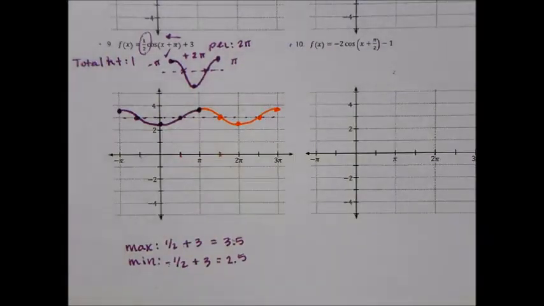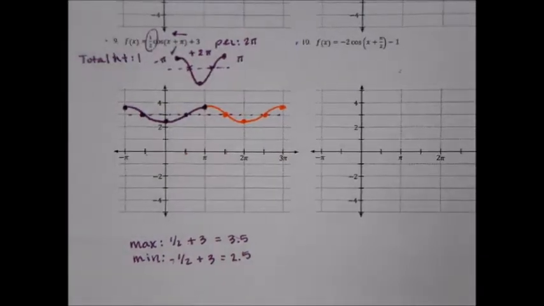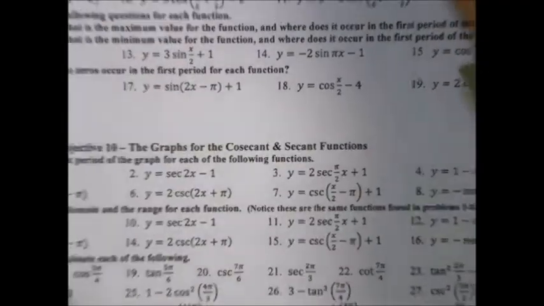So now we're going to look at a few problems from 9.9's worksheet. You can see on this worksheet, 1 through 11 say to sketch the first period of the graph for each function.